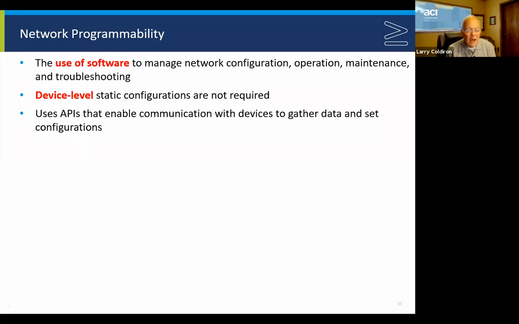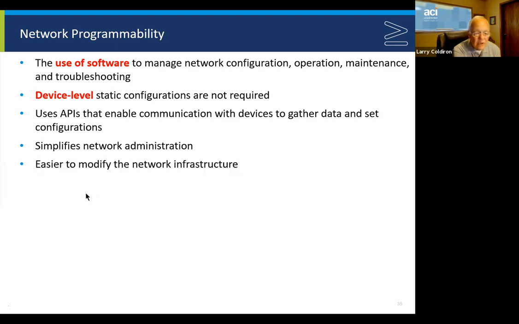It uses APIs to enable the communication with the devices to gather data and set the configuration. Simplifies the network administration. It's easier to modify the network infrastructure when we do these things. It's at least quicker to do that. Reduce configuration errors because we're not going to have the typos.